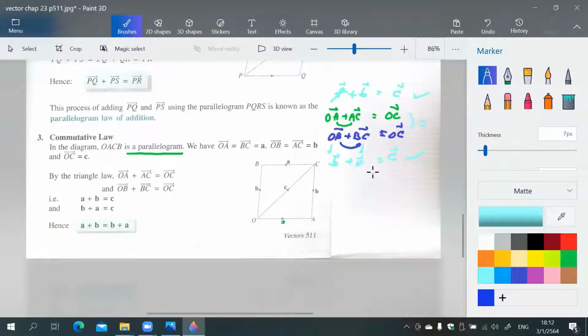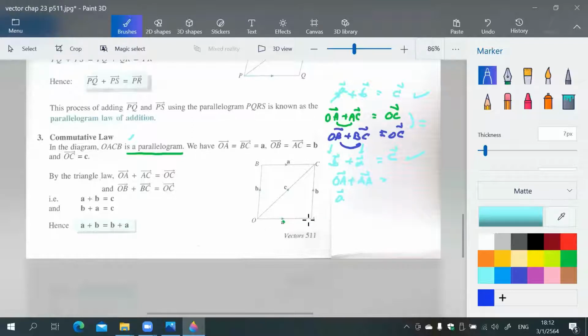Then we go to the next example. And one more thing: if we have vector OA plus vector AA, what is the meaning? Vector OA is a, right?